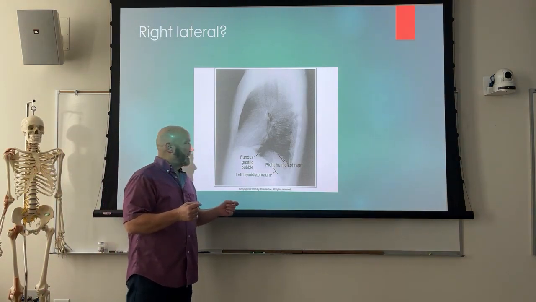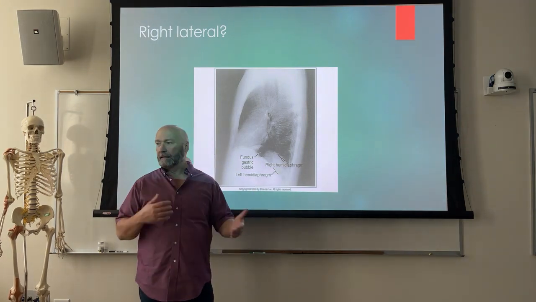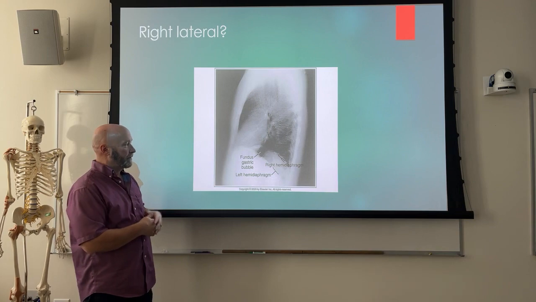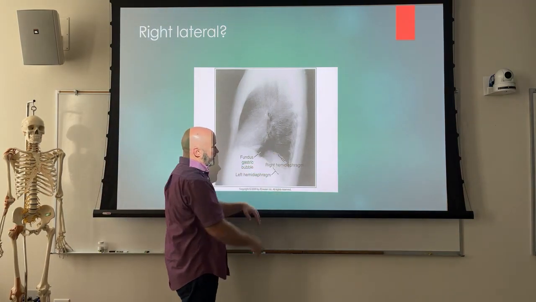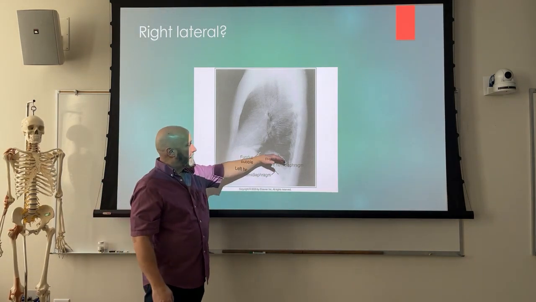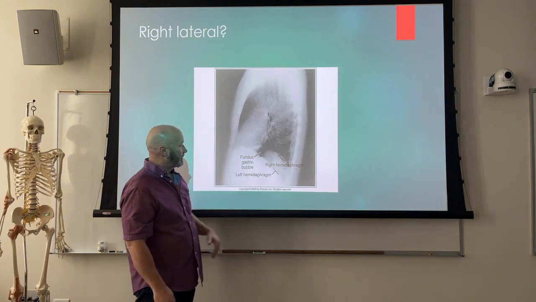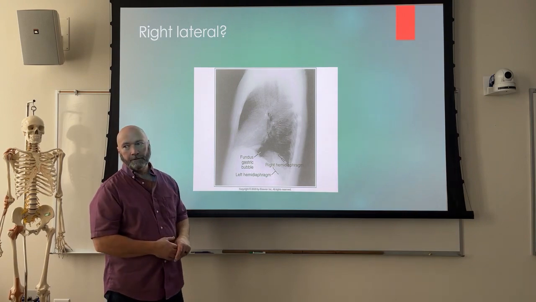We're going to look at the gastric bubble. Let's say this patient was properly positioned. They weren't leaning in any way. They're calling this a right lateral. This is straight out of the textbook. They're calling it a right lateral, but you see the separation of the two diaphragms, right? So we've got what they're calling the right diaphragm, and we've got the left diaphragm here. But where's the gastric bubble?